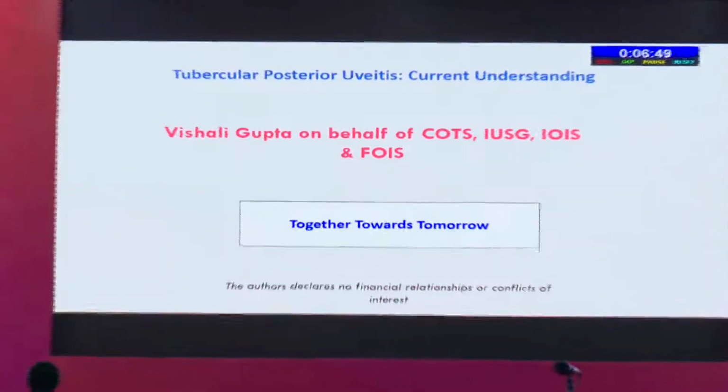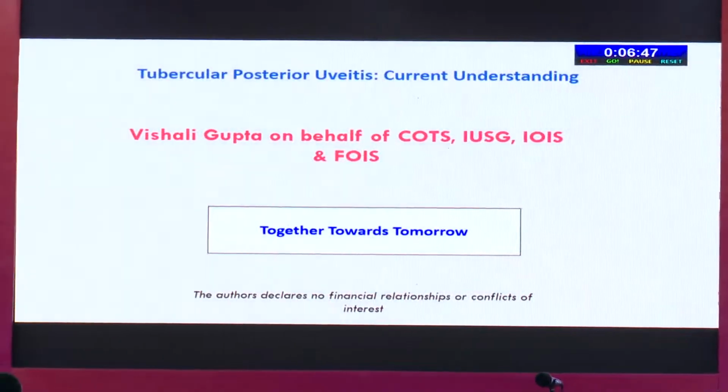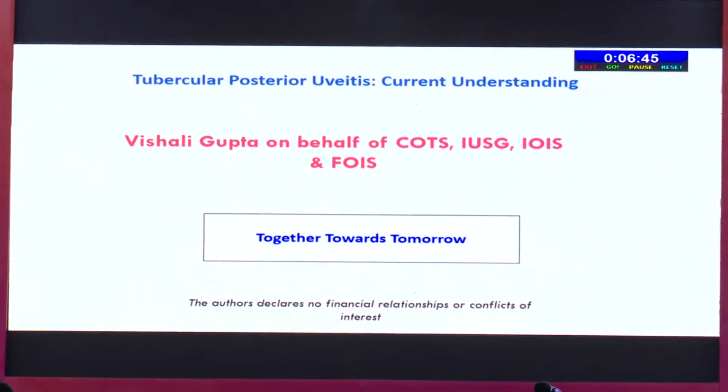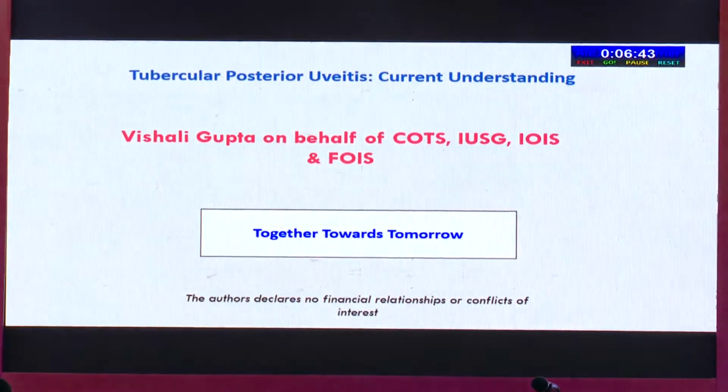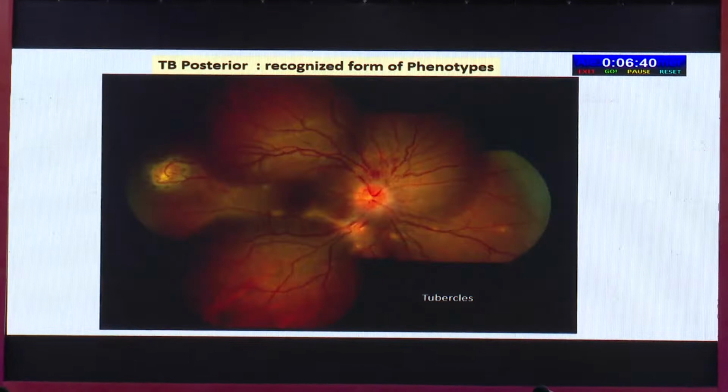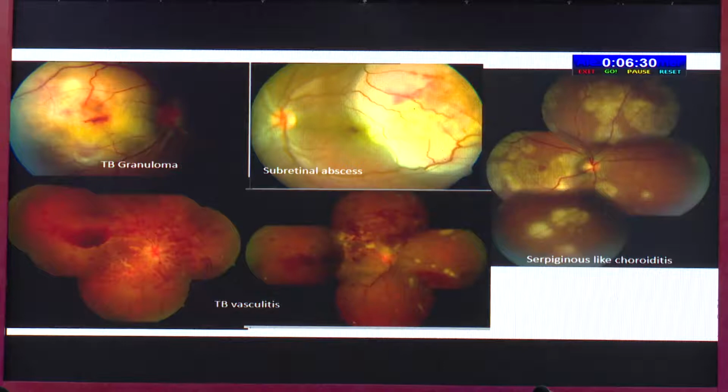Thank you, chairpersons. So in the next 7 minutes, I'll be talking on behalf of a huge group of my collaborators about what we understand about tubercular posterior uveitis. We have known tubercles from the era of Duke Elder, that these are the classic presentations.